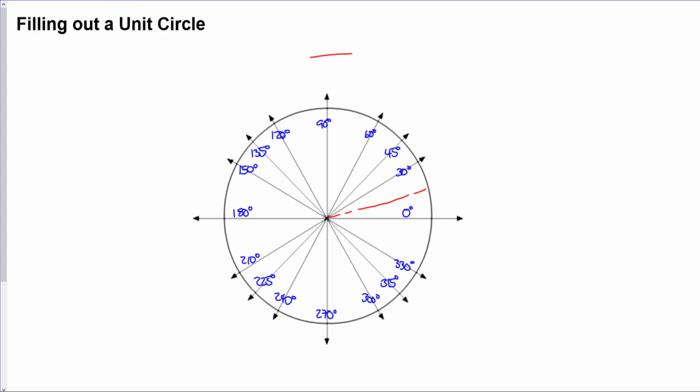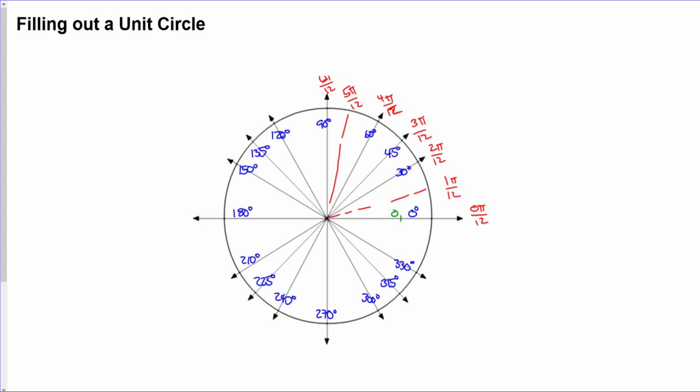So in that respect, if you have, say, 0 pi over 12, 1 pi over 12, 2 pi over 12, you just write these in at every single point. 5 pi over 12, 6 pi over 12. So if you do that for every single angle measure, then 0 pi over 12 would be the same thing as 0 radians. We don't need the 1 pi over 12. That's 15 degrees. That's not what we need.